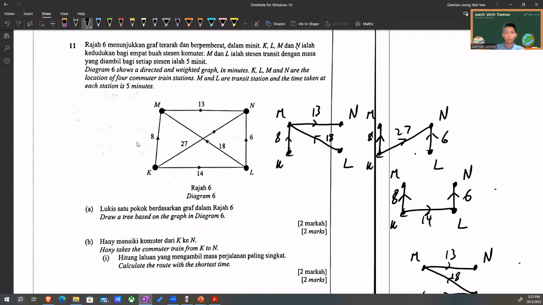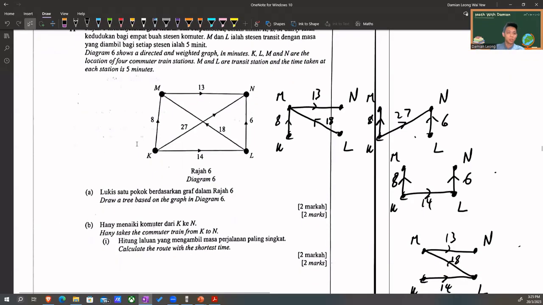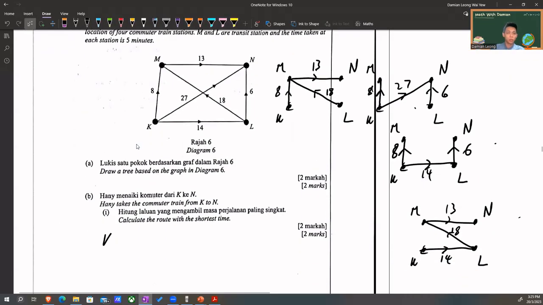But this one, 14 plus 6 is only 20. So it's K, L, N. Okay, which has 14 minutes plus 6 minutes plus another 5 minutes. So it's 25 minutes. Okay.